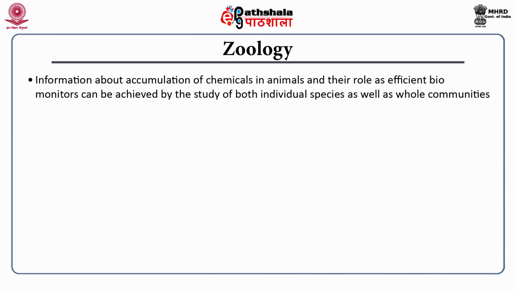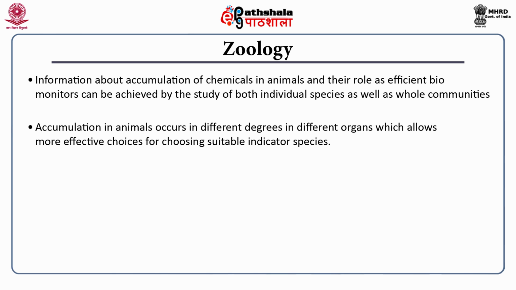Zoology. The information about accumulation of chemicals in the animals and their role as efficient bioindicators can be achieved by the study of both individual species as well as whole communities. Accumulation in animals occurs in different degrees in different organs, which allows more effective choices for choosing suitable indicator species.